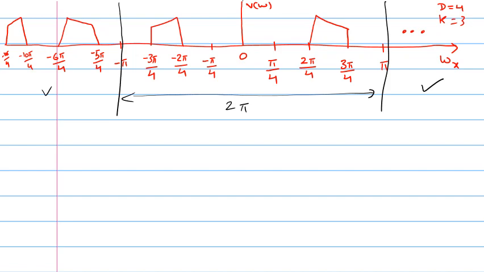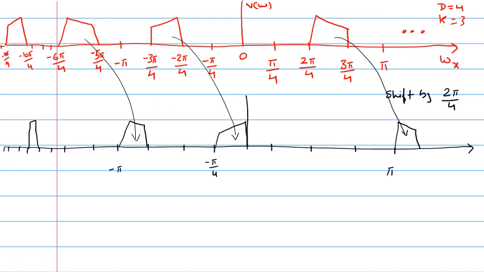Now here I have sketched the spectrum which is shifted by 2 pi by D, or 2 pi by 4. So that's equal to pi by 2. One thing you can note is that each of these markers is for every pi by 4 interval.